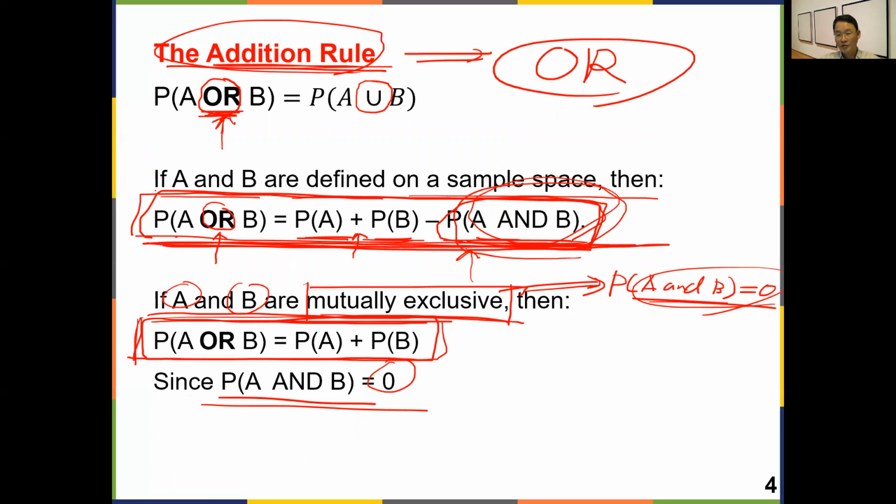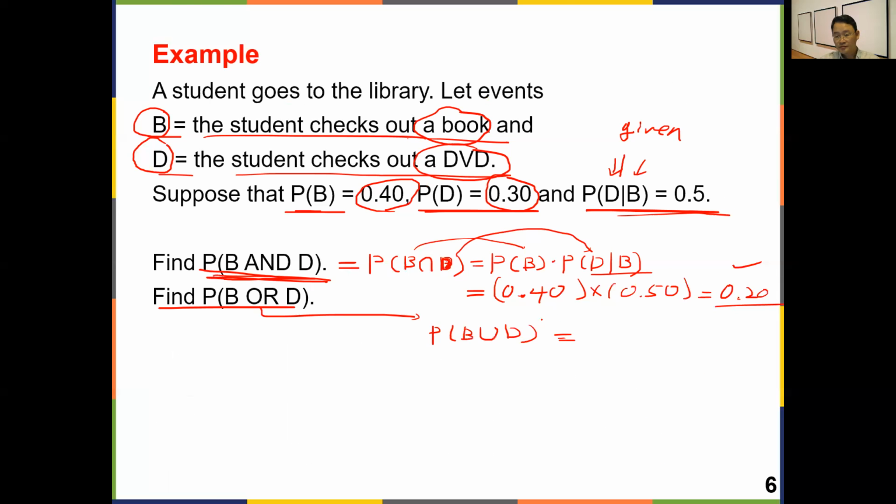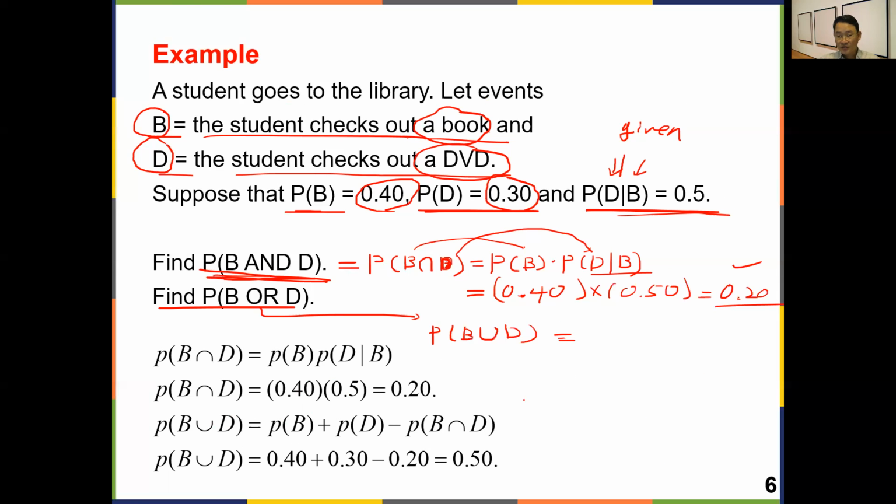This is the formula: probability of A or B was probability of A plus probability of B minus probability of A and B. So this would be probability of B plus probability of D minus probability of B and D.